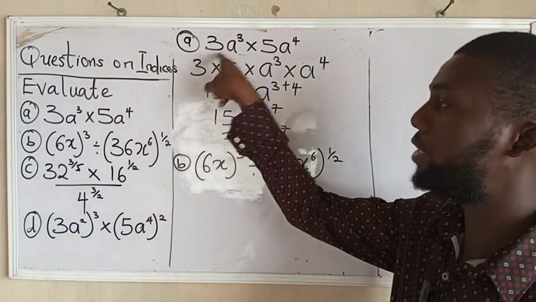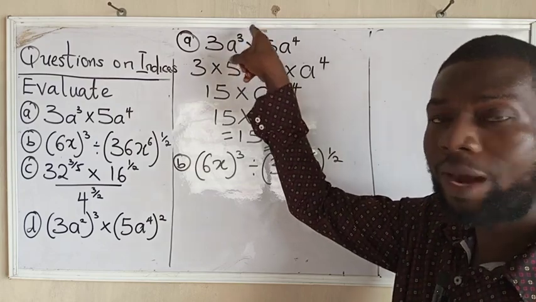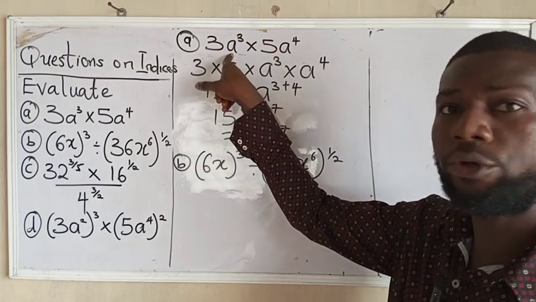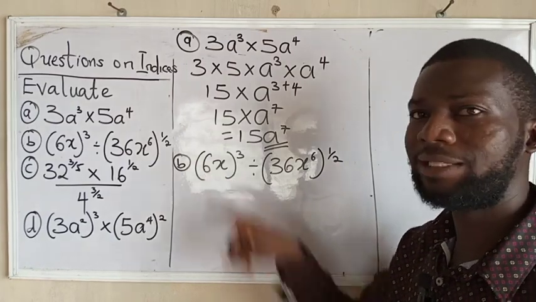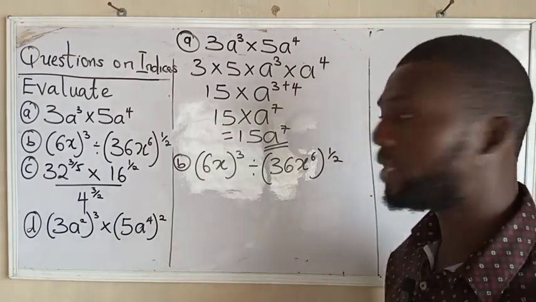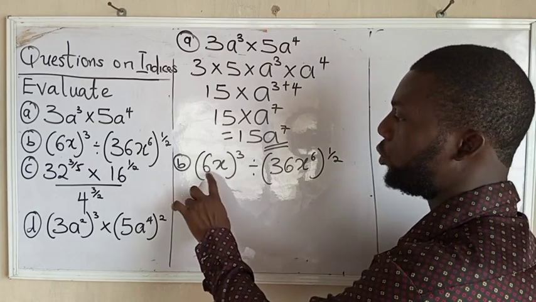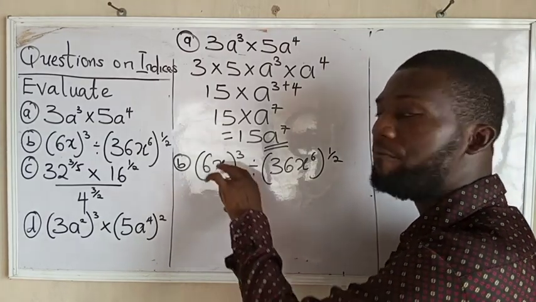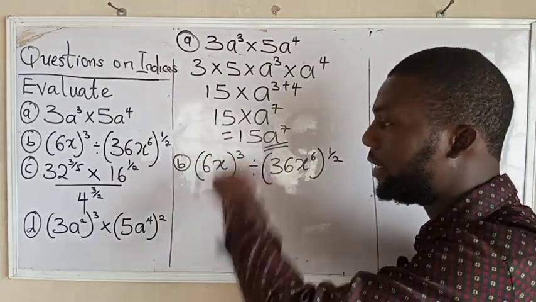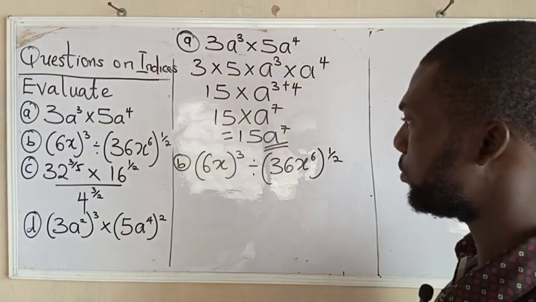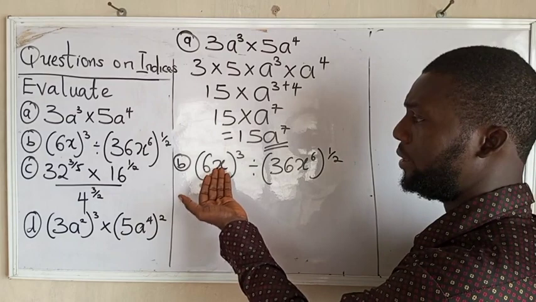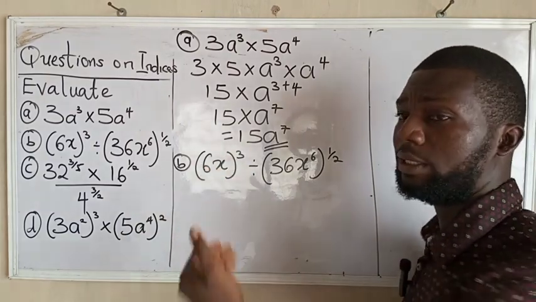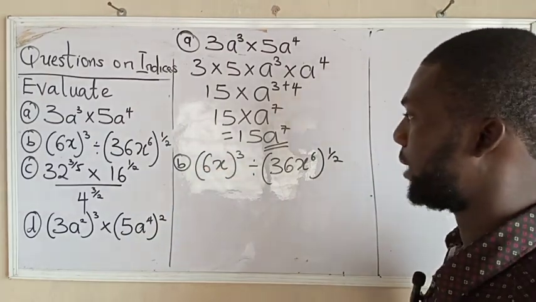You can see that this is 3a raised to power 3. The power here focuses more on a, but this power here focuses more on 6 and x. That is, it can distribute itself to what? To 6 and x, to everything that you can find in these brackets. So 6x raised to power 3 here means 6x times 6x times 6x.